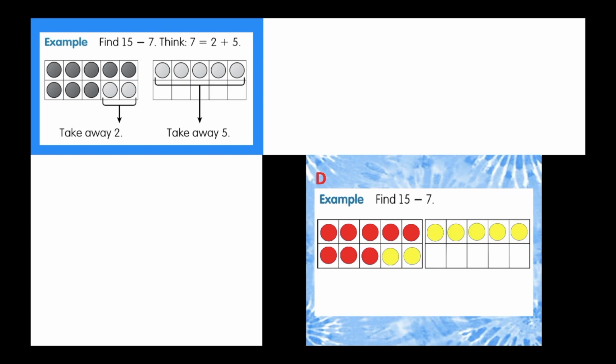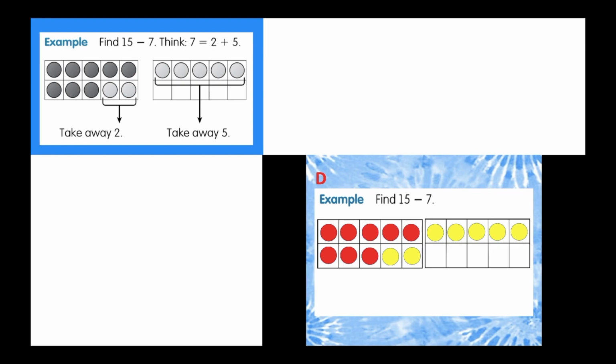It is important to understand that the part we know and the part that we're taking away is 7. I've colored 7 of our counters yellow to show that we are taking away 7 from 15. Now I need to show how I could make a 10.